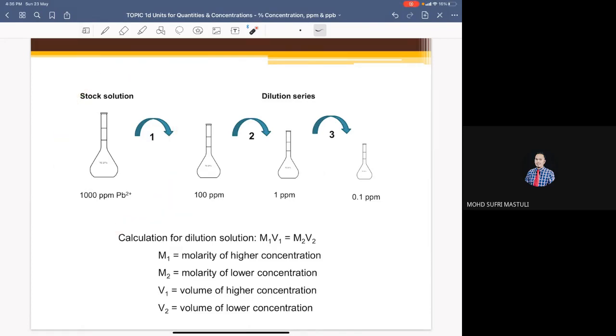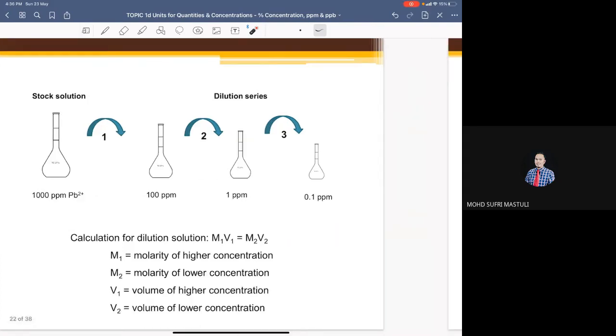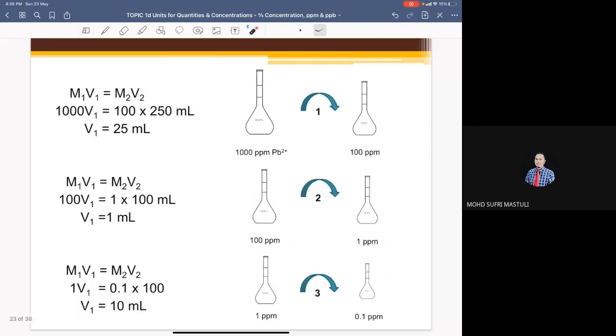Okay, so we use the formula of M1V1 = M2V2. So how can we know, if we want to prepare 100 ppm from 1000 ppm, we use the formula M1V1 = M2V2.